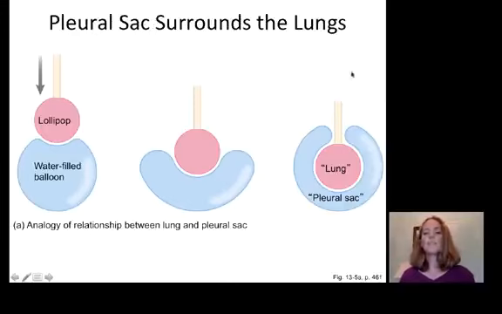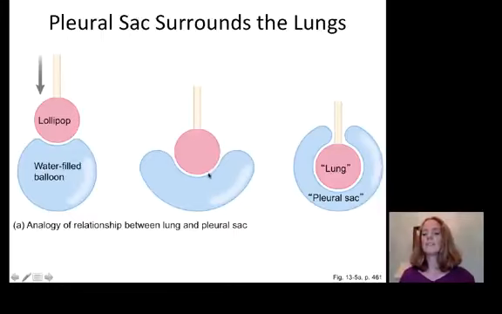This is sort of the way that the pleural sac develops, if this picture helps you. Imagine that the lungs are a lollipop, and as they develop, they push into this surrounding double-layered serous membrane, which is like a water-filled balloon.